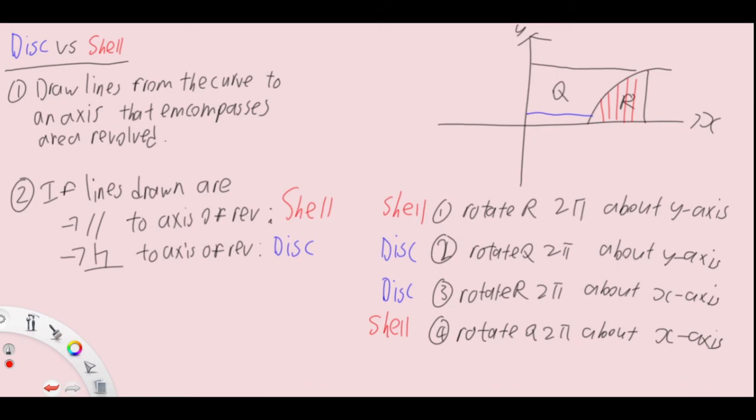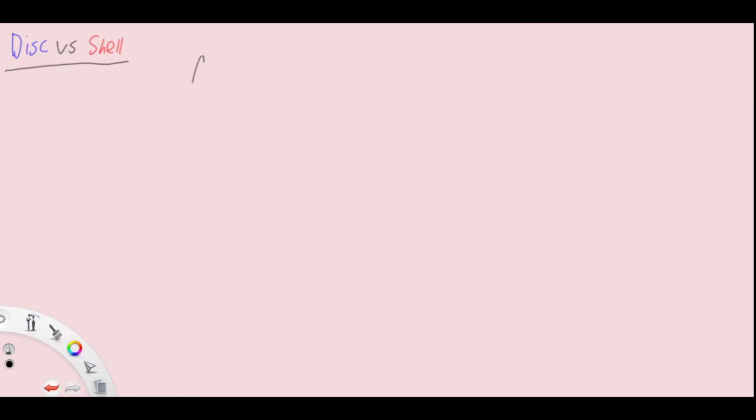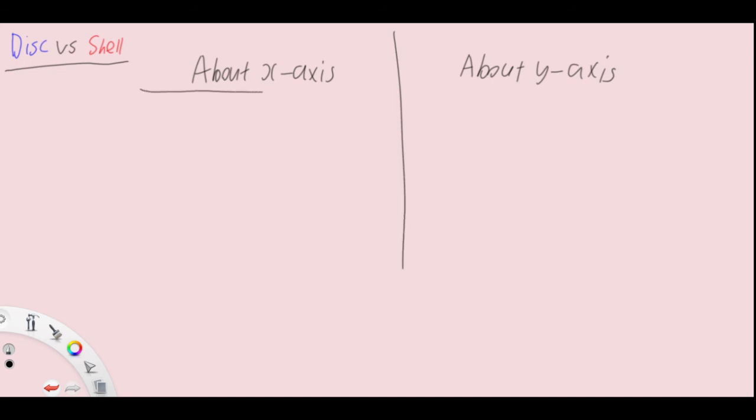Okay, a quick summary. We have about the x-axis, and then about the y-axis. We have the disc and shell methods, so I'll break them down into two parts.